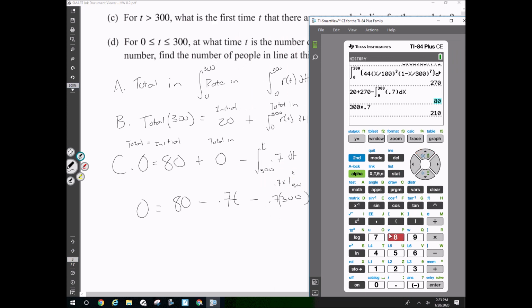80 minus, I'm subtracting. Sorry. Okay. That's 80 plus, that's 290.